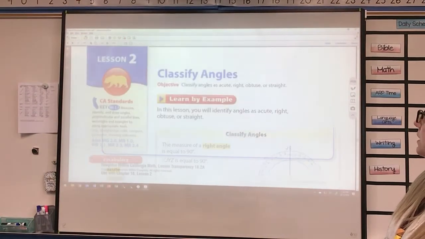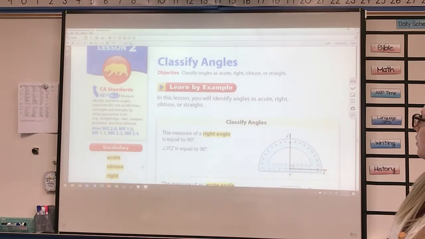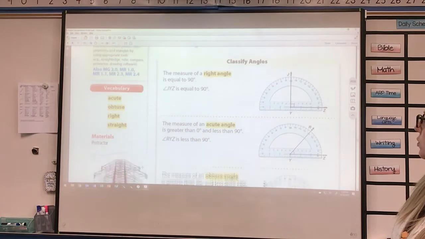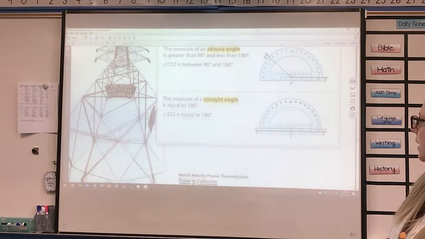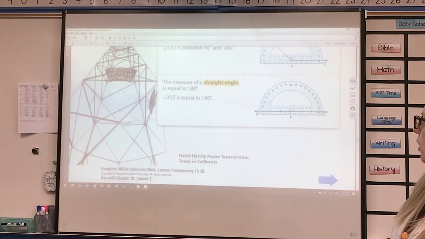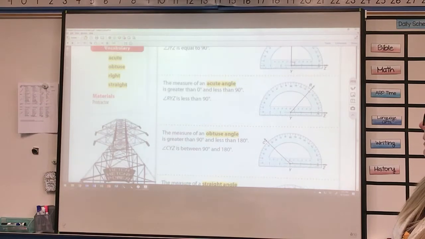So this is chapter 18, lesson 2 if you want to open up.